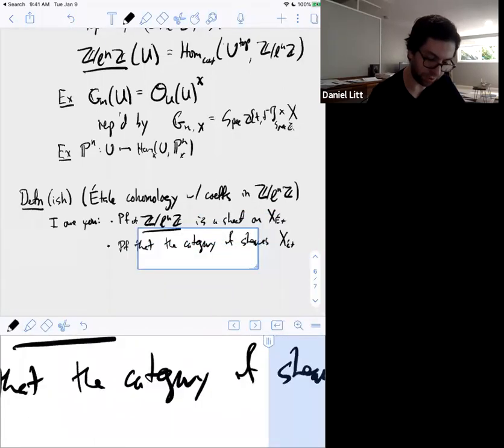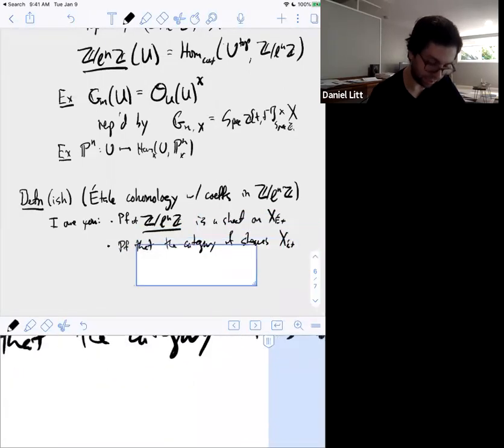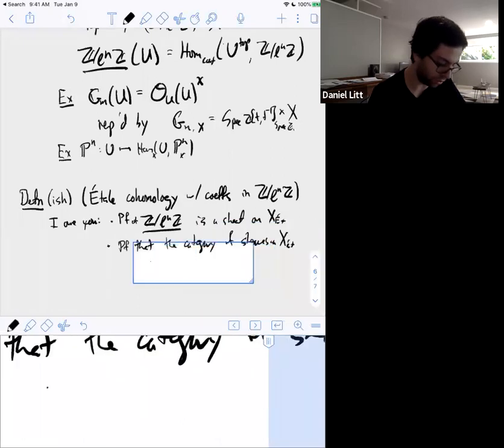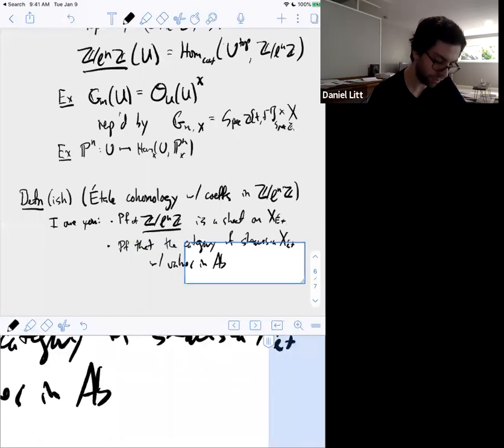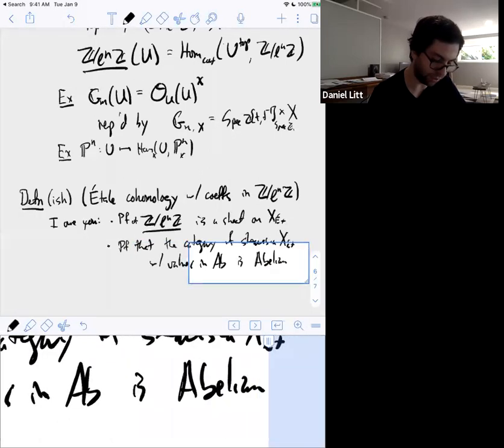So I need to prove that the category of sheaves on X Étale with values in abelian groups is abelian and with enough injectives, say.